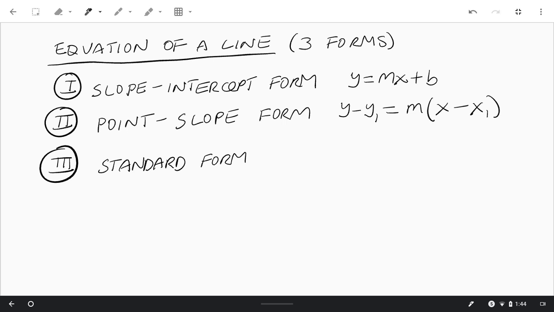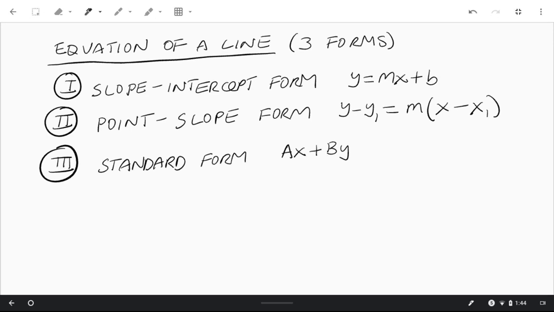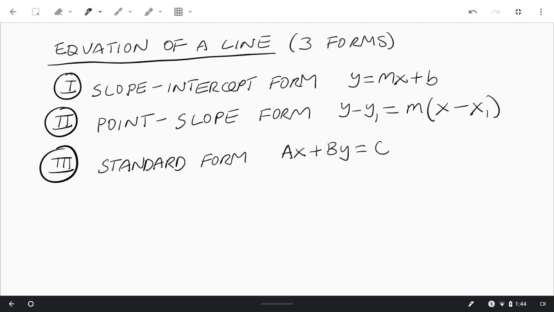So the original problem would be an example of standard form, where you have your x term and your y term on the same side, and then you have your constant on the other. So here, just keep in mind that A, B, and C are integers, so no fractions, no decimals, and also A is positive.